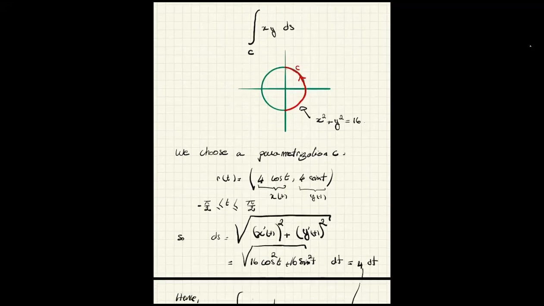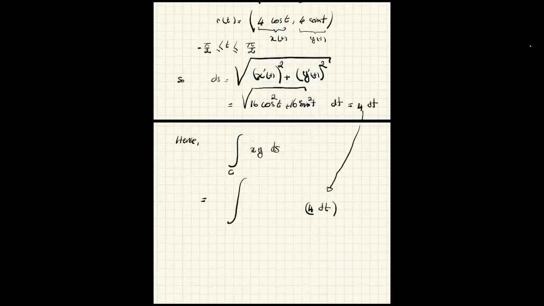It's a function that is defined everywhere, yes, but we are integrating over the line C, over the curve C. So X and Y should be evaluated on the curve C. So you should evaluate X, Y along the curve C. So at the point of the curve, which is parameterized by the parameter T, right?